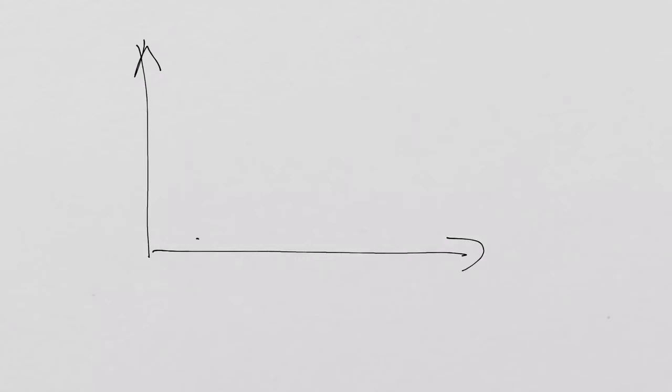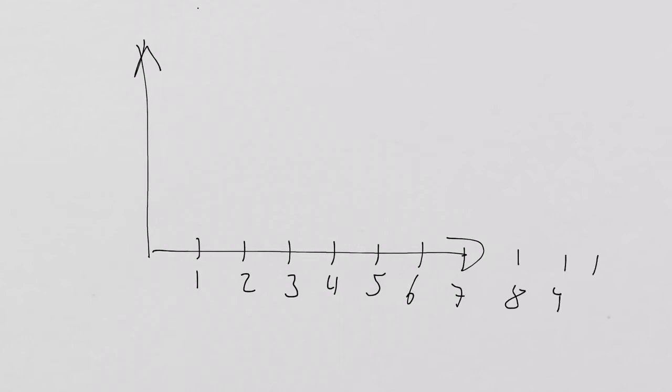So we have 1, 2, 3, 4, 5, 8, and oops, made a mistake. This would be 6, 7, 8, 9, 10, something like that. And this is the BSA concentration.